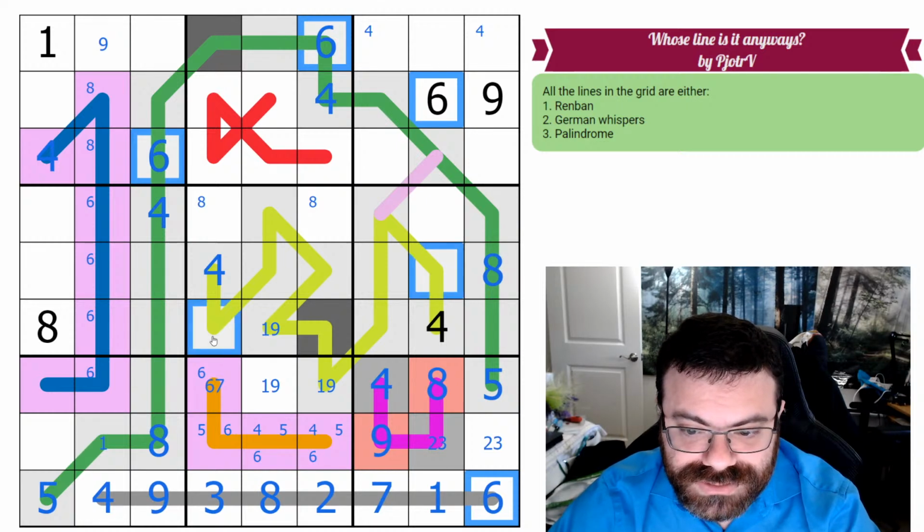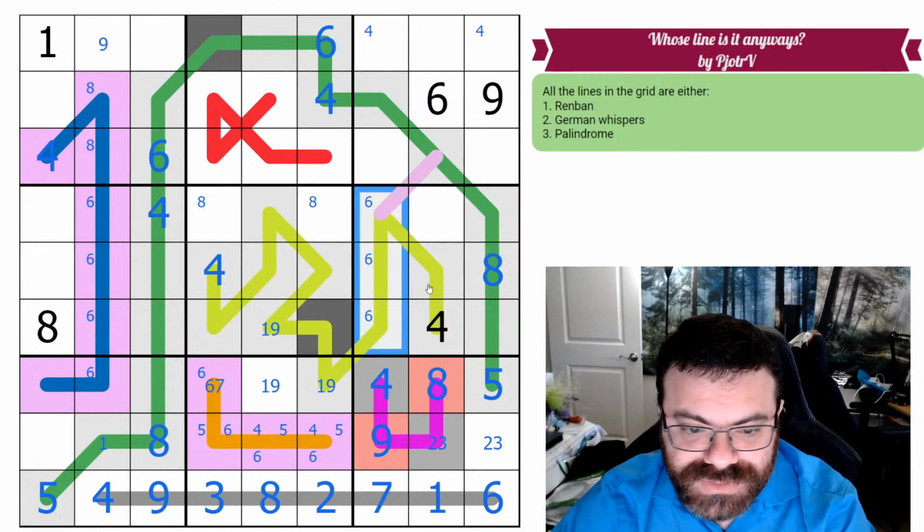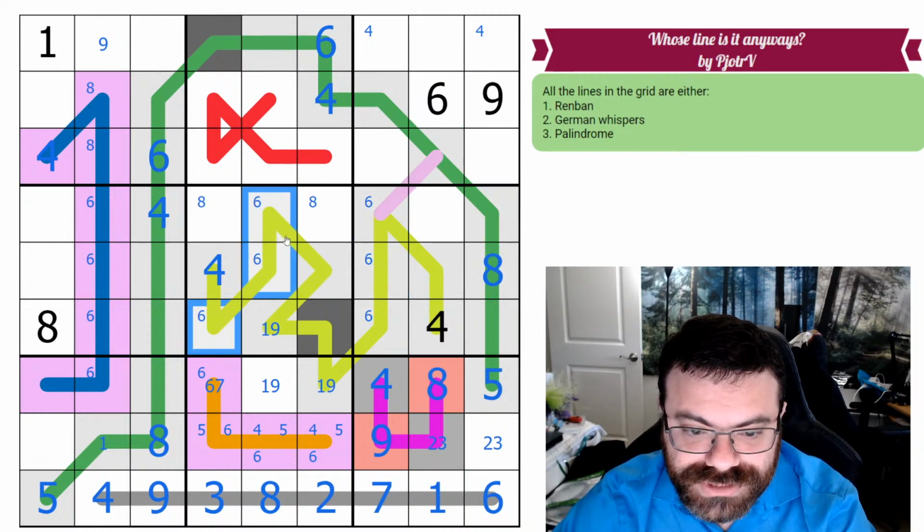This can't be 6. There's a 6 somewhere on this palindrome, which puts it in one of these 3 in this box.